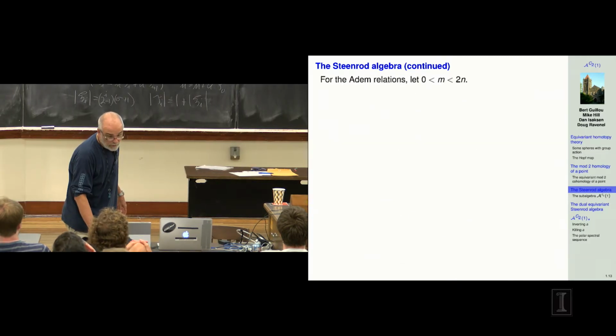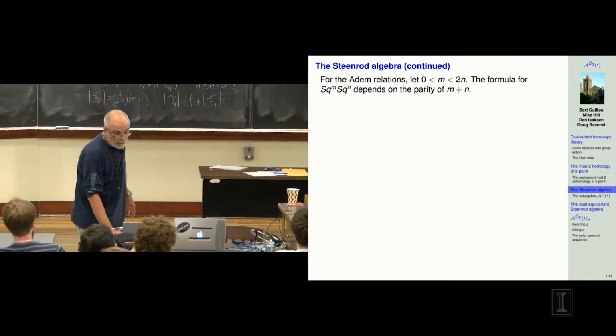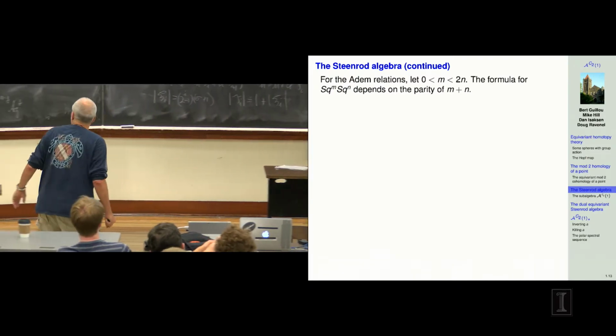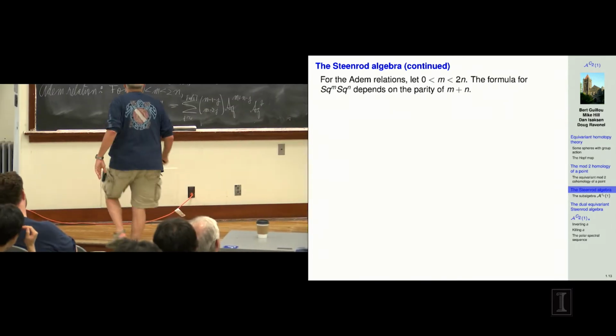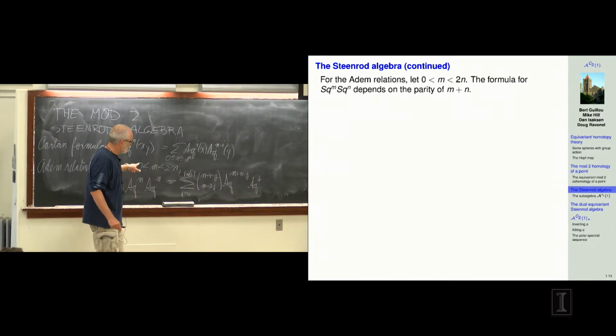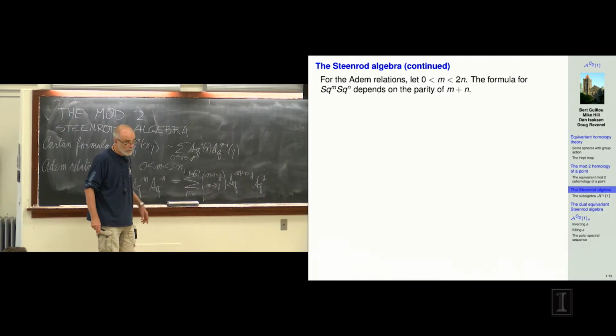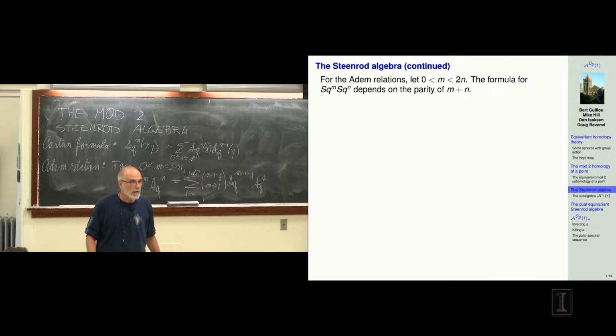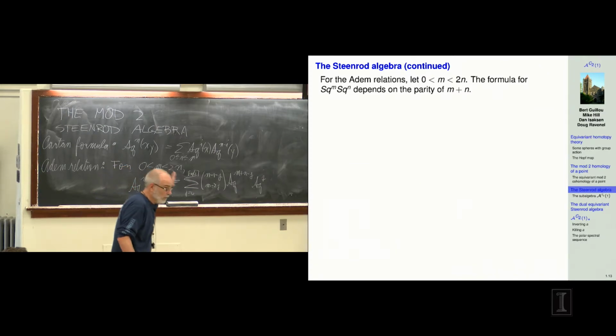Okay, now I'm going to tell you about the Adem relations. Here's the classical Adem relation. You've seen it before, but if you're like me, you don't remember it. I'm not sure I've ever met anyone who's actually memorized this formula. Don't feel bad if you don't remember it, but there it is.